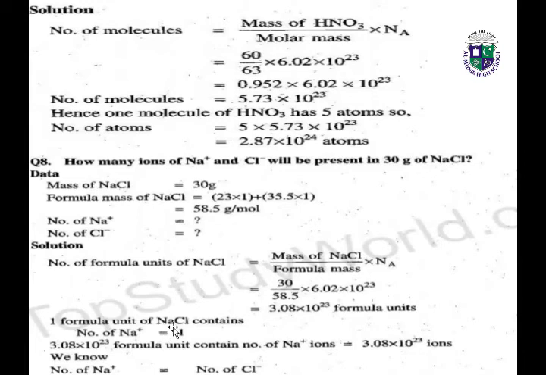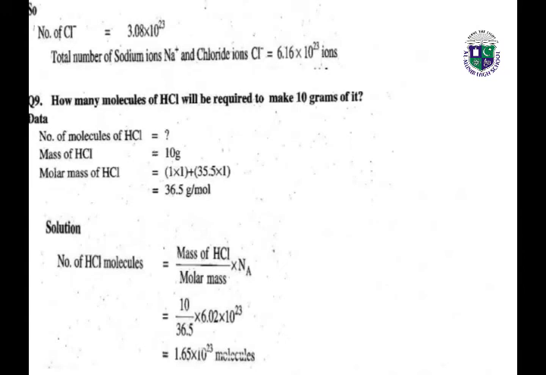One formula unit of NaCl contains 1 sodium ion. So 3.08 × 10^23 formula units contain 3.08 × 10^23 sodium ions, and the number of sodium ions is equal to the number of chlorine ions. So the number of chlorine ions is also the same, 3.08 × 10^23. The total number of sodium ions and chlorine ions is 6.16 × 10^23 ions.